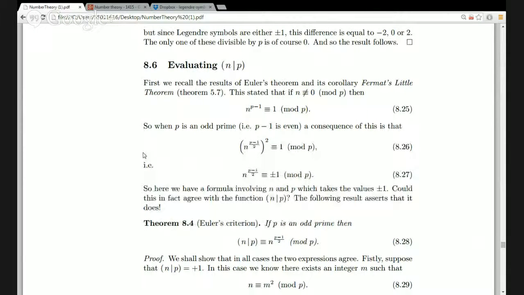Which told us that if n was an element from Z_p, from the multiplicative group, i.e. the GCD of n and p was 1, then Fermat's little theorem said that n to the power p-1 is congruent to 1 mod p.